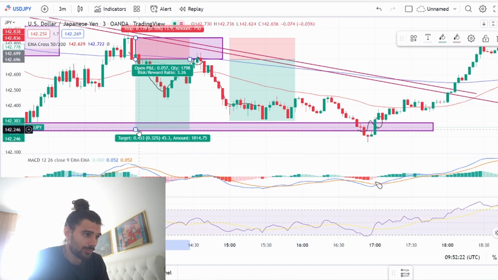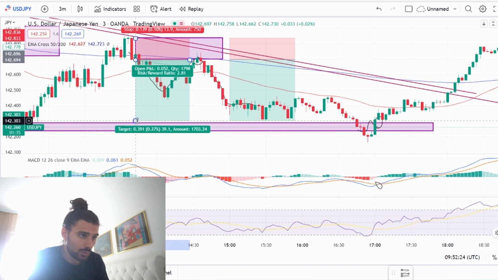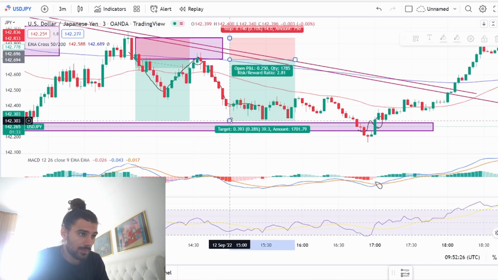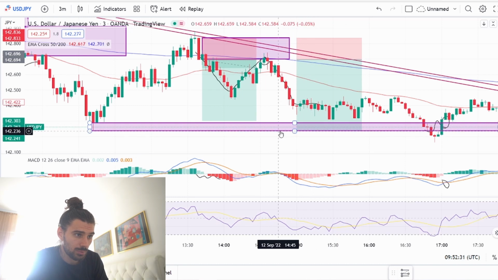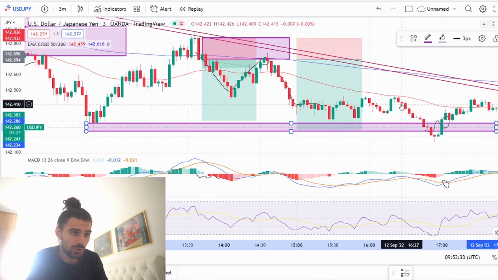So then your take profit would have been at 2.8. If you target the lowest point here it would be a 1 to 3.